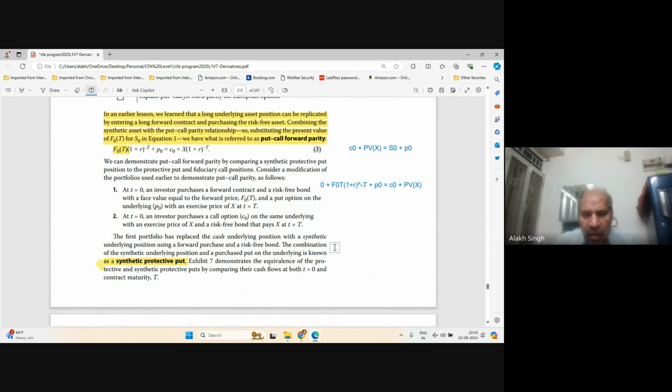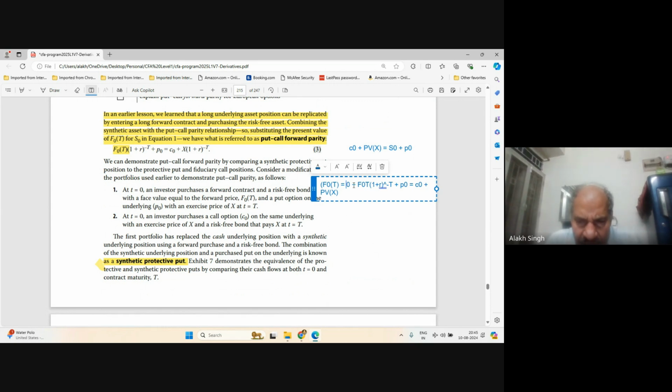And this entire thing is F0T. Let me write it: 0 within brackets, F0T is equal to 0 plus this risk-free bond.